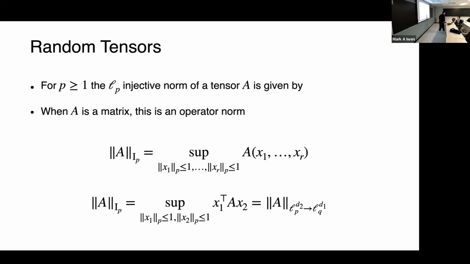Just for clarity, a recurring theme in this talk is that we'll always look at matrices when we define things, just to get a sense of things. When A is a matrix, this is nothing but the so-called Lp to Lq operator norm. So these are generalizing operator norms of matrices to tensors. Sorry, here q is the natural conjugate of p.